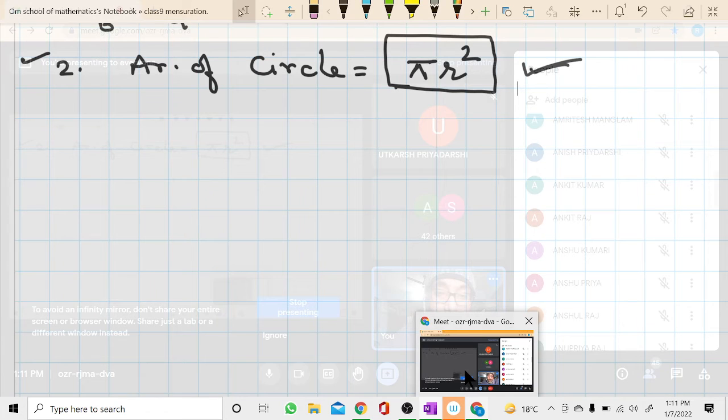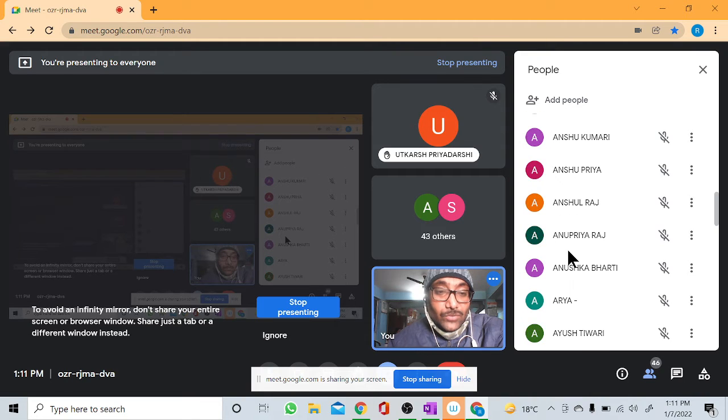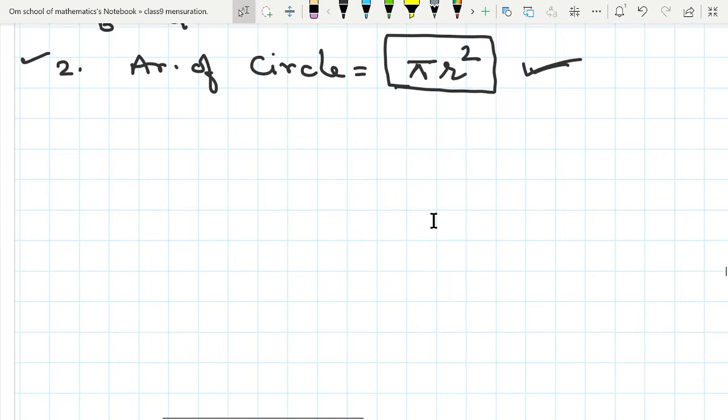Utkarsh has raised. And any other? Amritesh, Anish, Ankit, do you know why this formula is here? Area of circle is pi r square. Now I will explain, because not all the students in this group are familiar with this term.